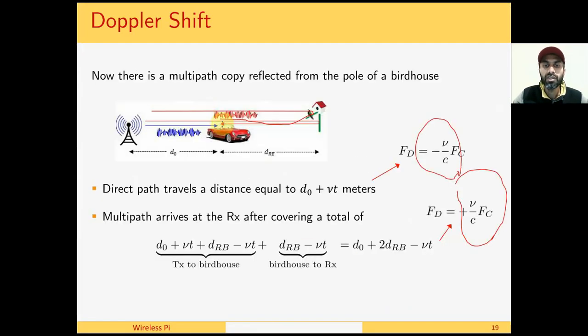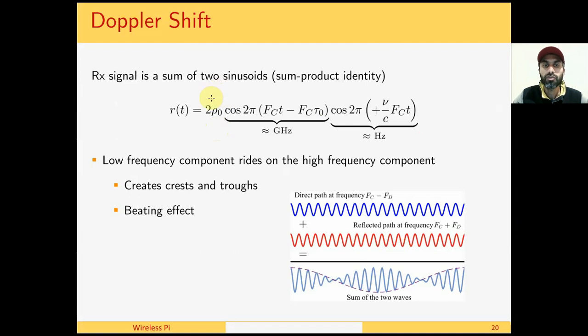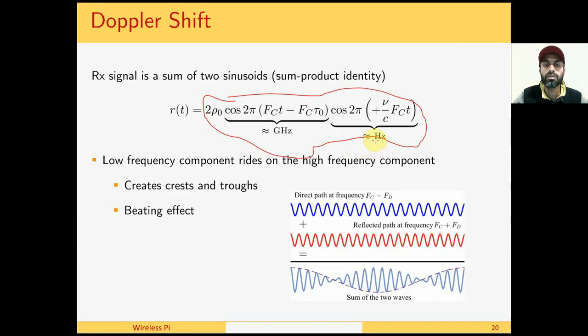When these two are added on the receiver antenna, from the sum rule of sinusoids, we know that we can write the sum of two sinusoids as this product. And from here we can see that it is actually a very high carrier frequency on the order of gigahertz multiplied with a very low frequency, something like this, on the order of hertz.